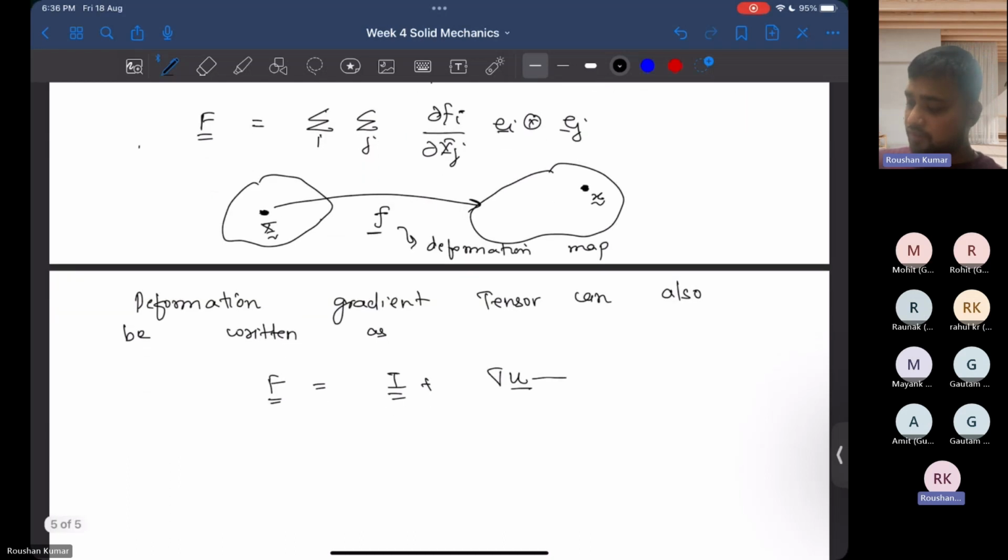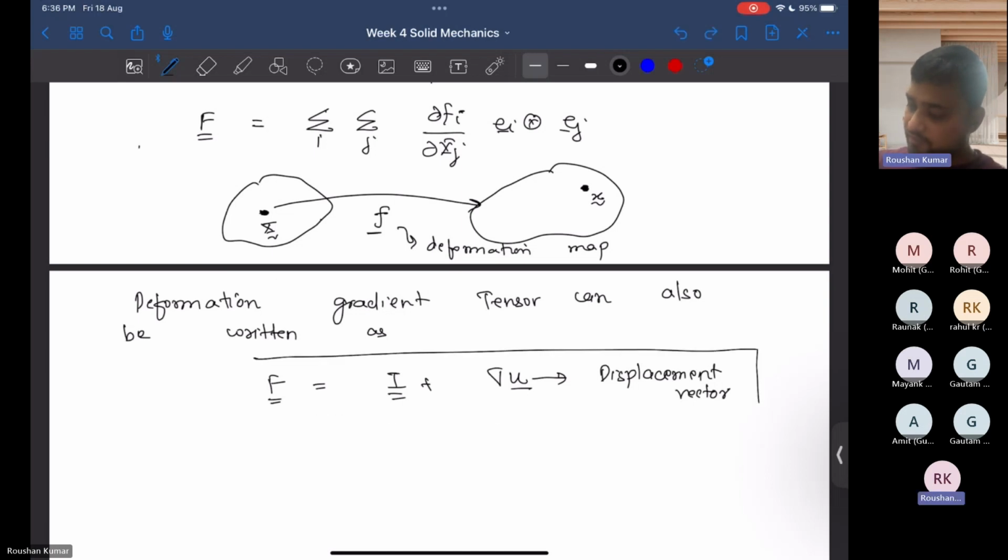So what is u? u is the displacement vector, and x is the position vector in the deformed state. Okay, and big X is the position vector in the undeformed state. So the deformation gradient tensor can also be written in this way.